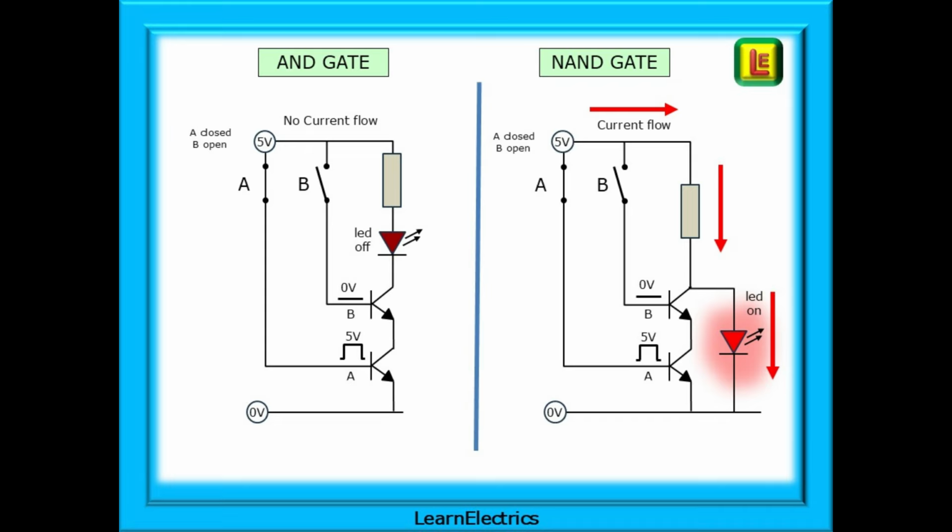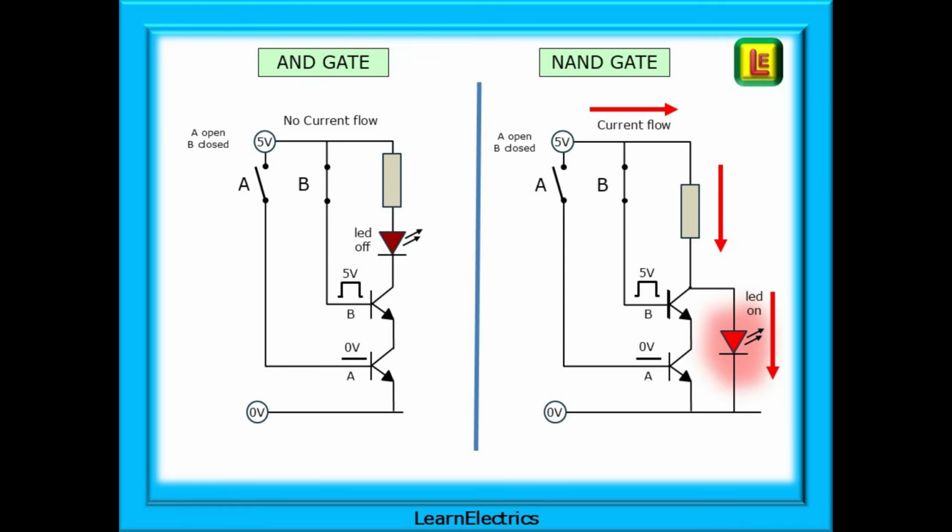For the NAND gate, both transistors maintain a high resistance and current continues to divert through and illuminate the output LED, a 1 signal. The NAND gate is A equals 1, B equals 0, Q equals 1.